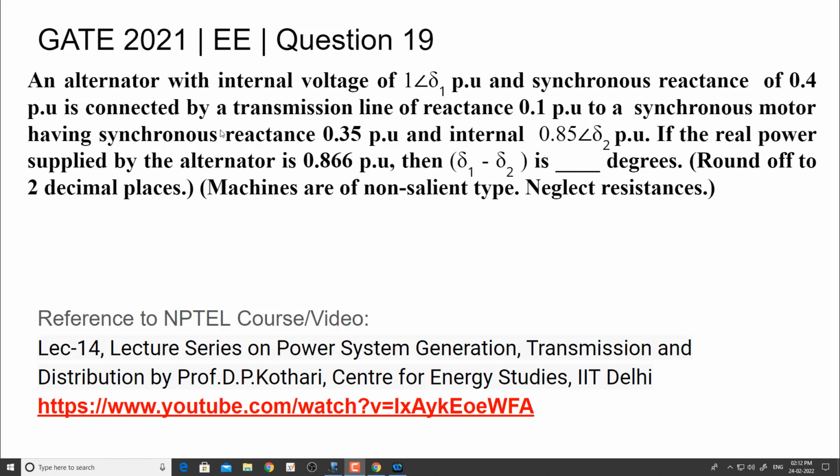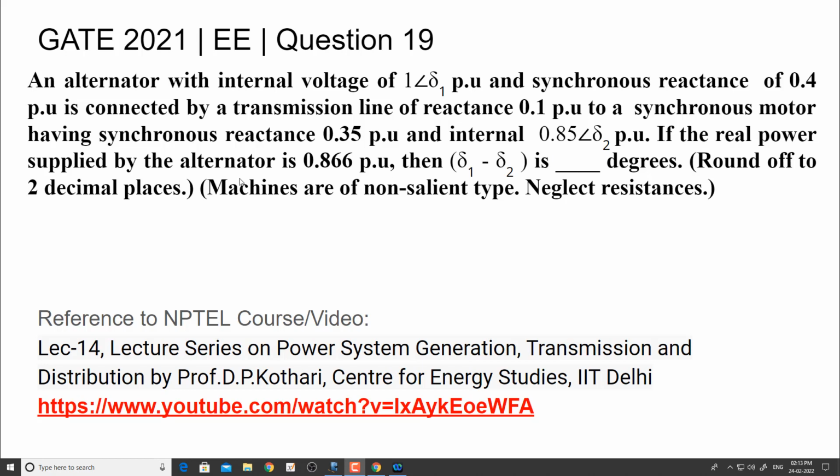Now I am going to discuss question number 19 from the GATE 2021 paper, Electrical Engineering. The question is: an alternator with internal voltage of 1 at an angle delta 1 per unit and synchronous reactance of 0.4 per unit is connected by a transmission line of reactance 0.1 per unit to a synchronous motor having synchronous reactance of 0.35 per unit and the internal voltage 0.85 at an angle delta 2 per unit.